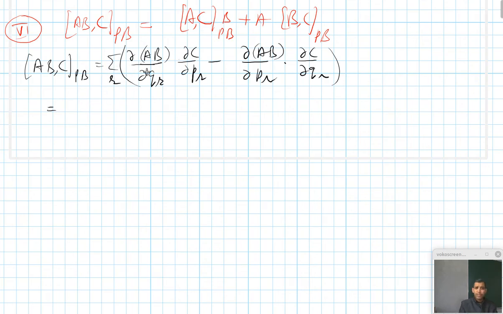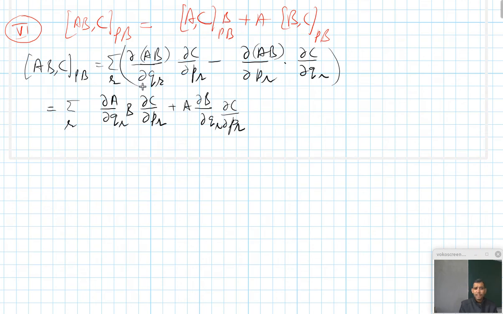So if I apply the product rule, then this can be written as ∂A/∂q_r into B and ∂C/∂p_r, right, plus the first function as it is, ∂B/∂q_r and ∂C/∂p_r, right. Here I have solved this part.